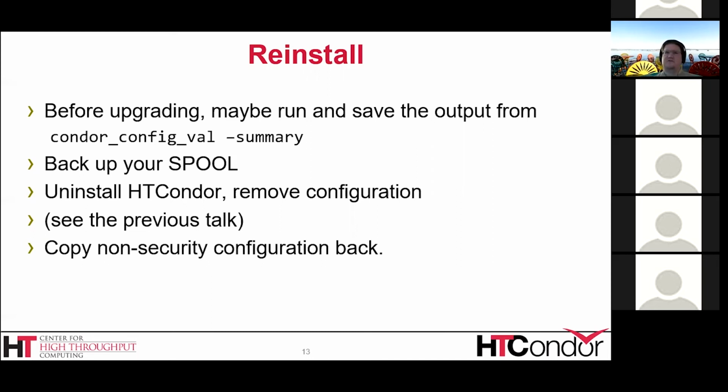The whole point here is to get this nice new get HTCondor configuration. Then go see the previous talk, run get HTCondor, get your new installation on all the machines. And then you need to go through and remove all the security configuration. You don't want to override all the work that get HTCondor just did, but you do want things like your job transforms, so copy those back into the HTCondor config directory.